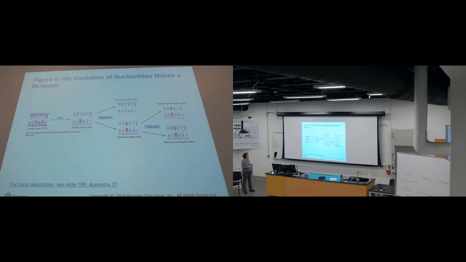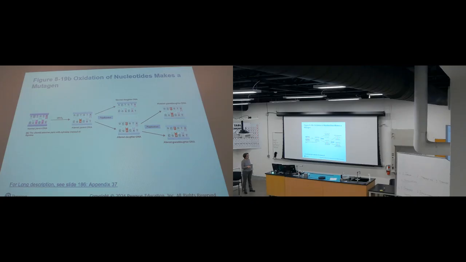So when this nitrous oxide binds to this molecule, the normal parent DNA will be altered. So this adenine that is in here will bind to cytosine instead of thymine. And then this cytosine that is found in here will now bind to guanine.